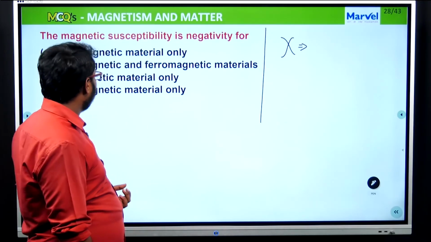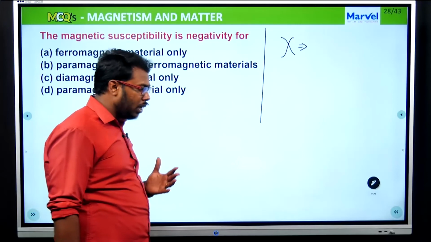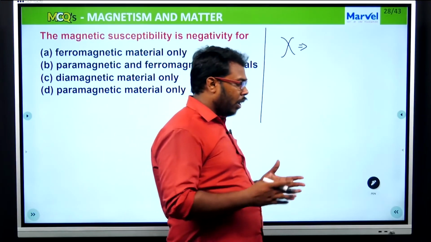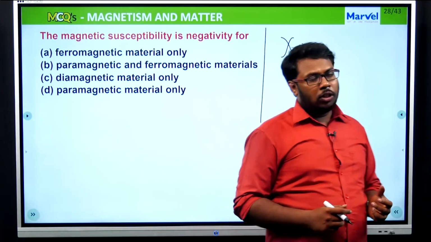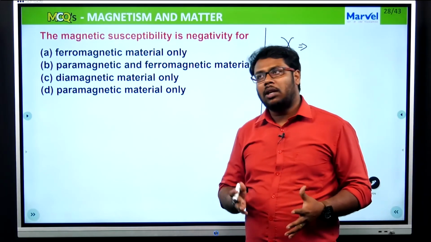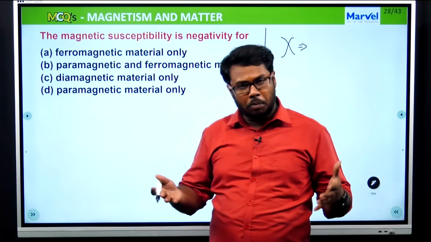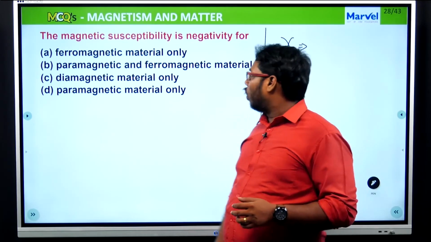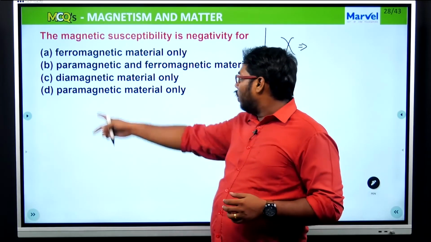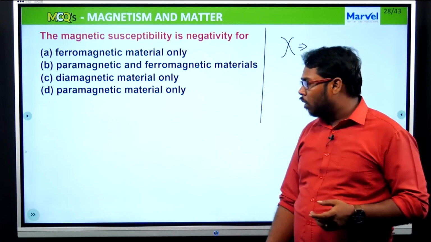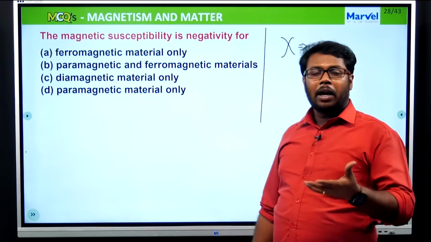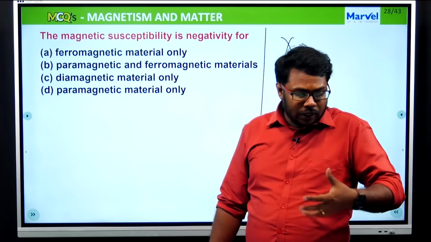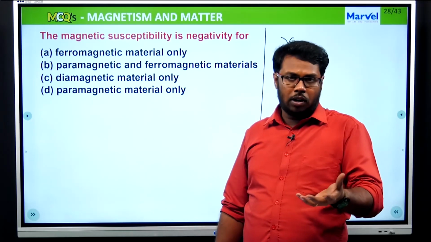You see, when a magnetic material is placed in an external magnetic field, the dipole moments inside the magnets will get aligned accordingly. For example, in the case of paramagnetic material, all the magnetic moments inside the material get aligned in the direction of the magnetic field.